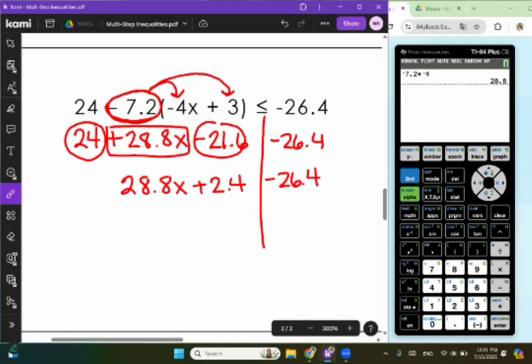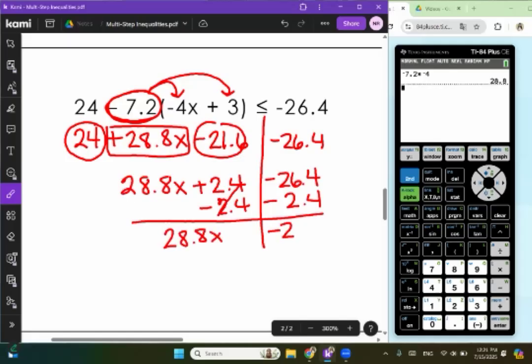Okay. Now, constant, move 2.4 over. Opposite of plus is minus. That'll give us 28.8, right? Yeah. 28.8x, negative 28.8x, 28.8. Last step is to divide.